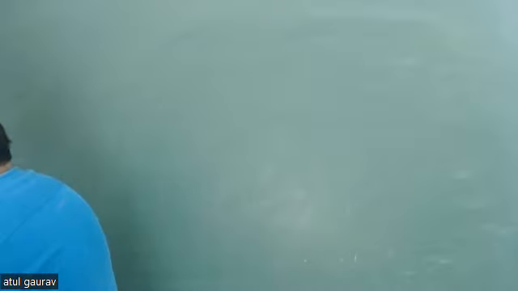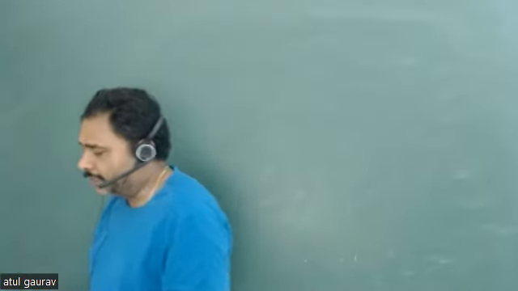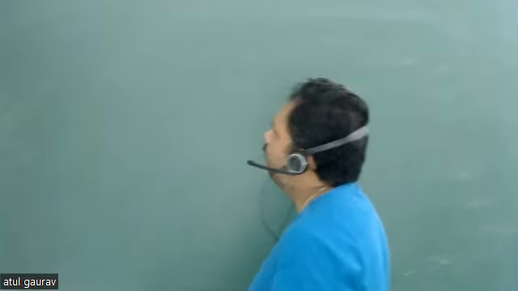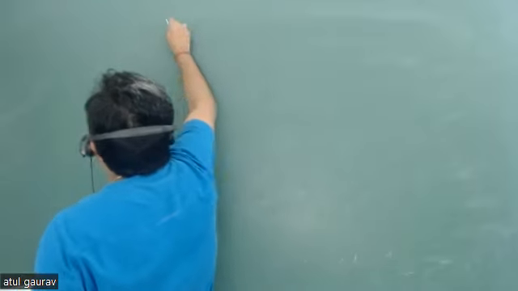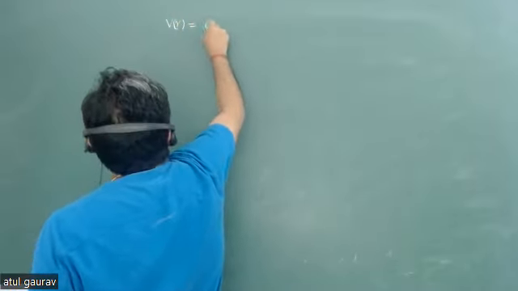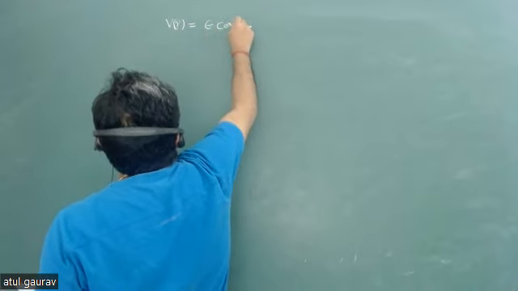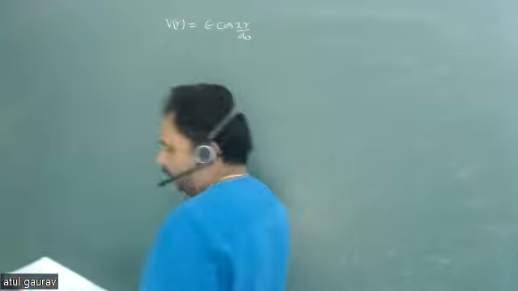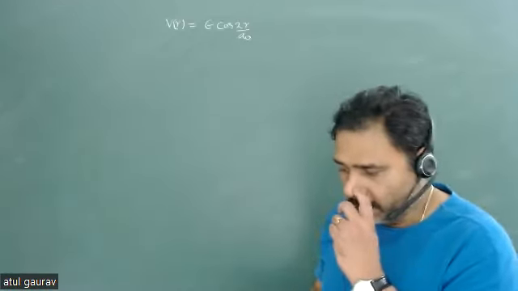Okay, so let's go for next question. This is very interesting. A hydrogen atom in ground state is perturbed with potential epsilon cos 2r upon a naught. So this is your ground state.